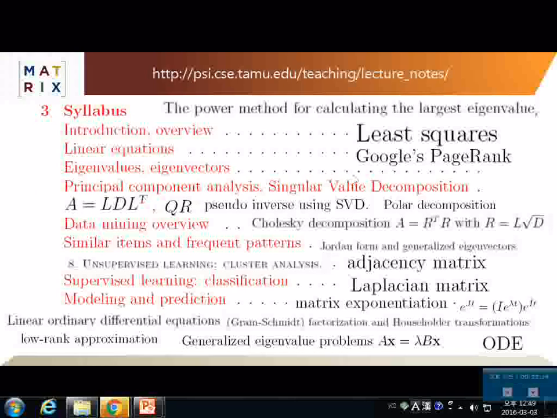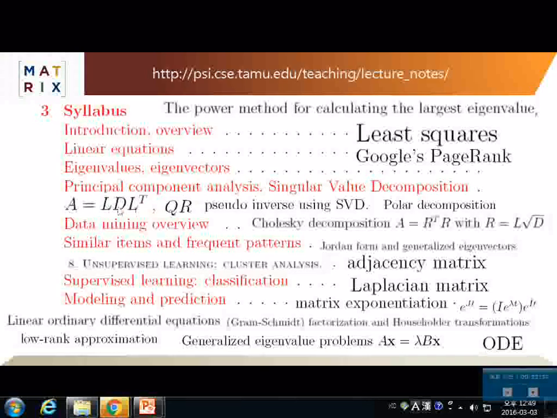And matrix factorization: you need to know how to factorize a given matrix into a product of a lower triangular matrix and an upper triangular matrix, which can also be written as LU, LDU, or LDL transpose.